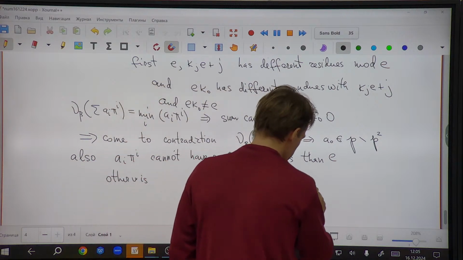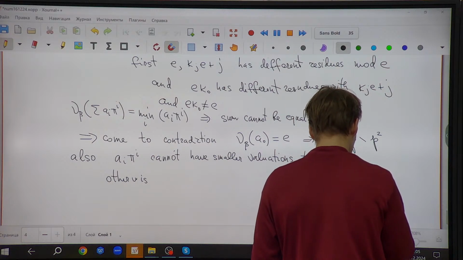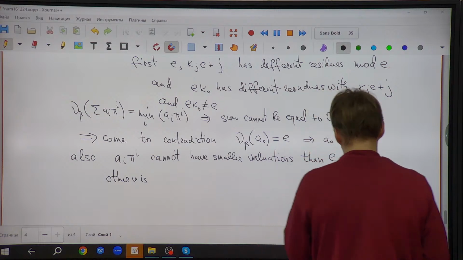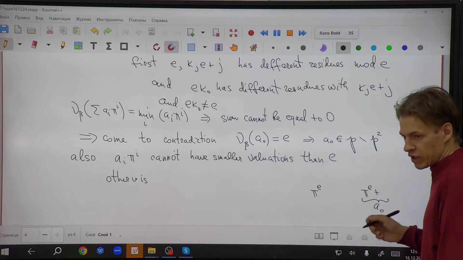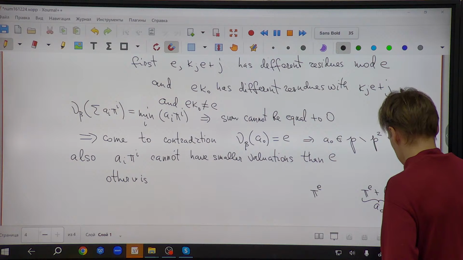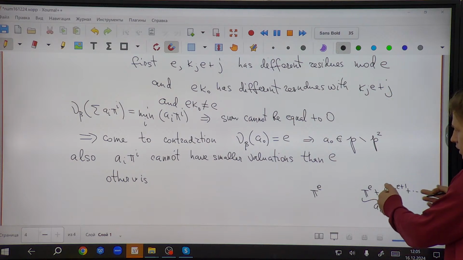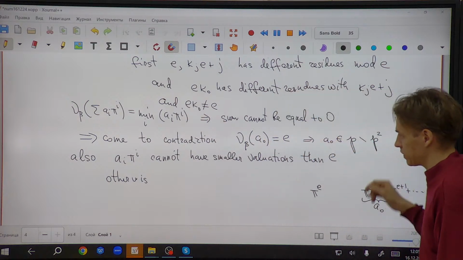And so you are writing down PI, and you are writing down A0. So here A0 can be written as PI plus... So we're saying that it has valuation divisible by PI. So it can look like B1 plus PI plus 1, etc., as a series. And the end of the series can cancel the corresponding elements.